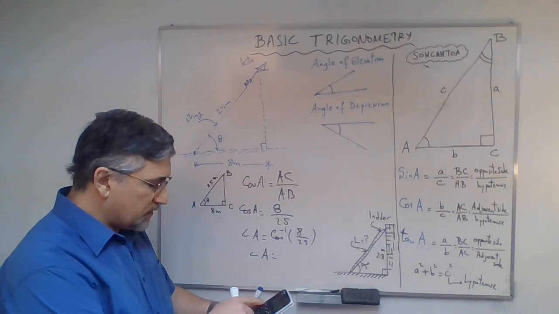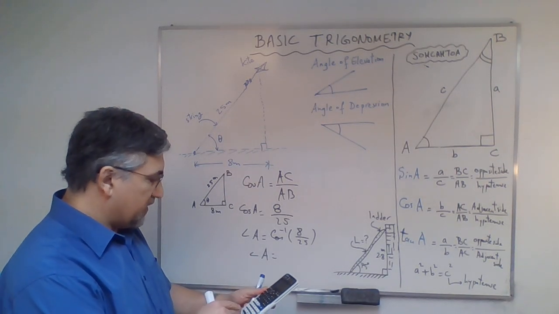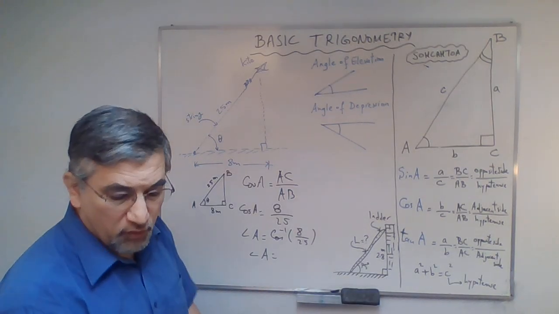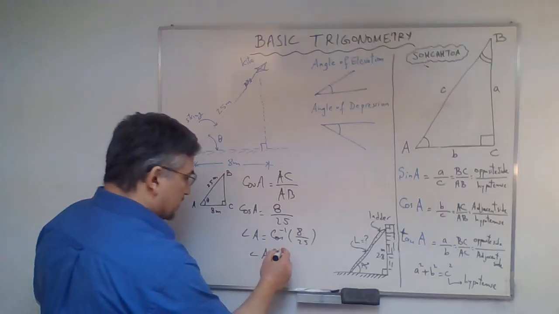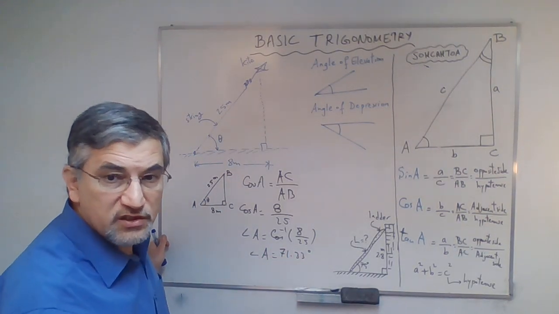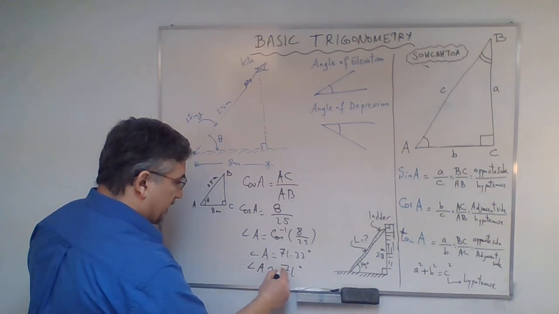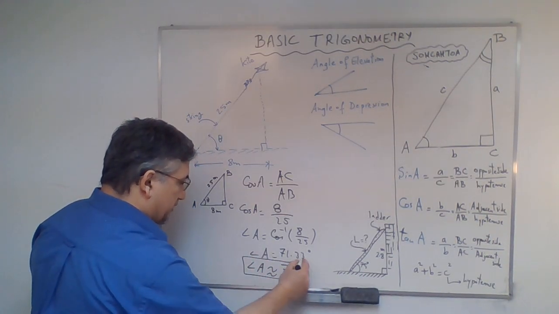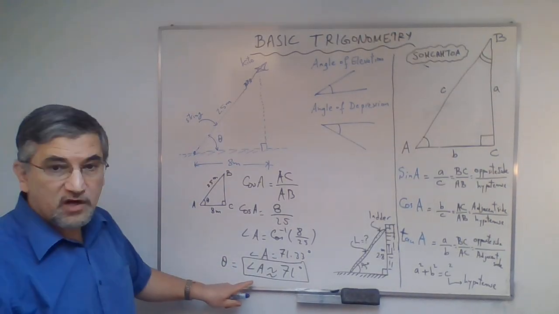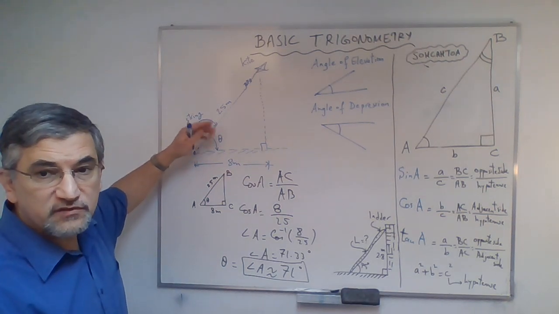If I press the shift button or the inverse key and then the cosine button, inverse cosine of 8 over 25 gives me 71.33 degrees, but we normally round to the nearest degree. So 71 degrees is the measure of angle A. So angle theta, or angle A, approximately equals 71 degrees. And that is the angle of elevation of the kite.